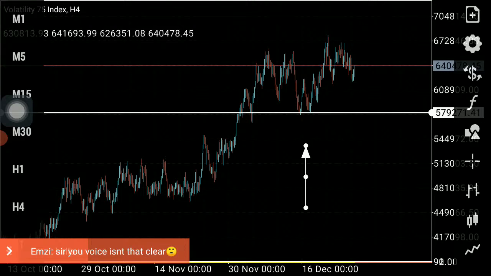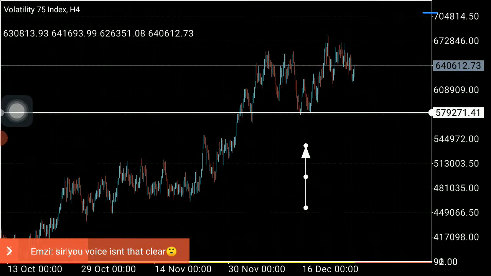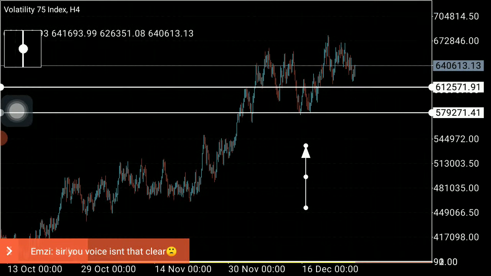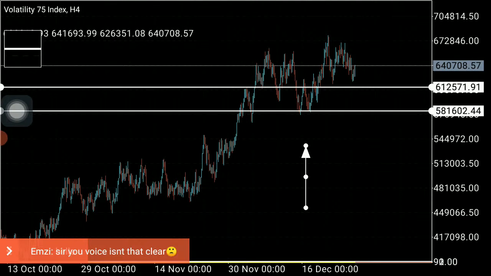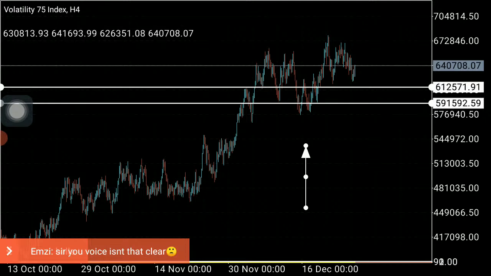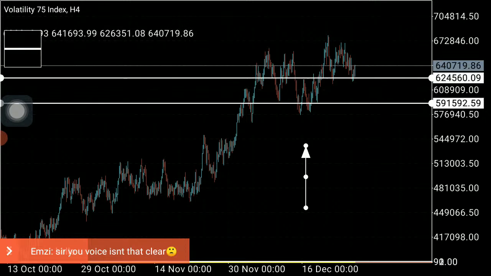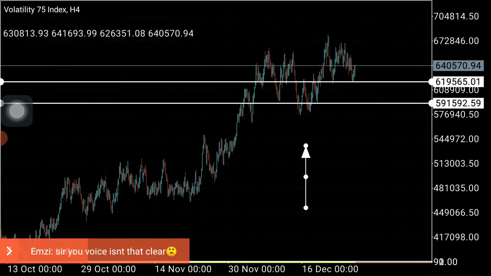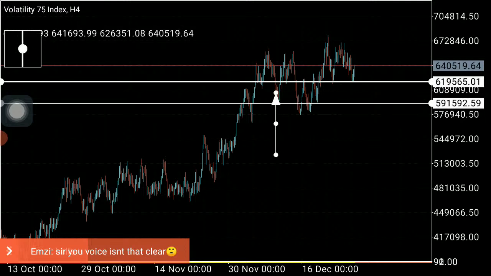You want to spot out another obvious support level here. As you can see here, it tested 1, here 2, and 3 here. It serves as a resistance here, 4.